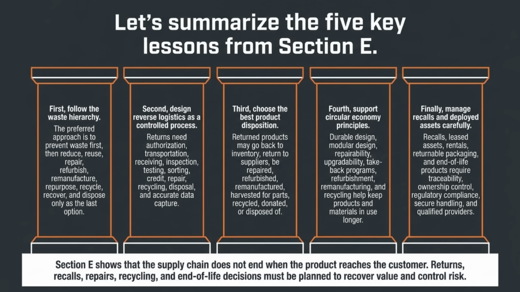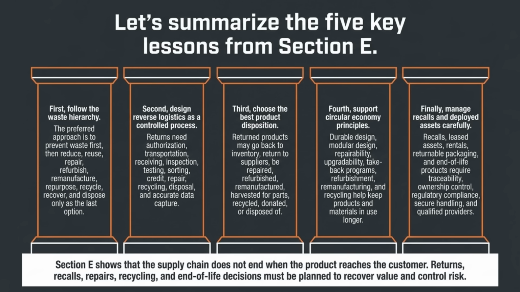Third, choose the best product disposition. Returned products may go back to inventory, return to suppliers, be repaired, refurbished, remanufactured, harvested for parts, recycled, donated, or disposed. Fourth, support circular economy principles.